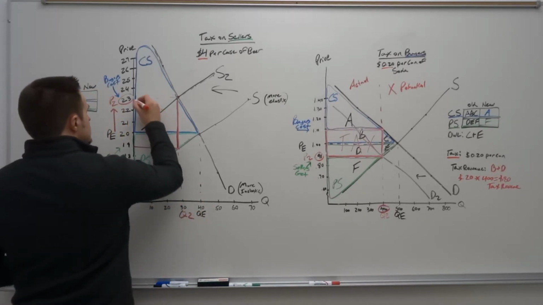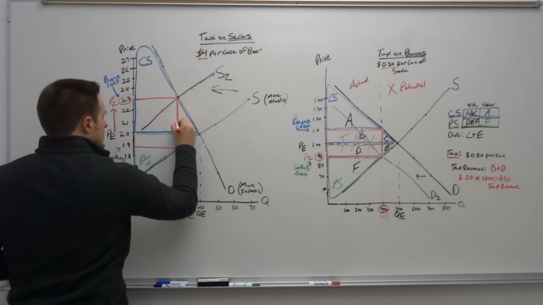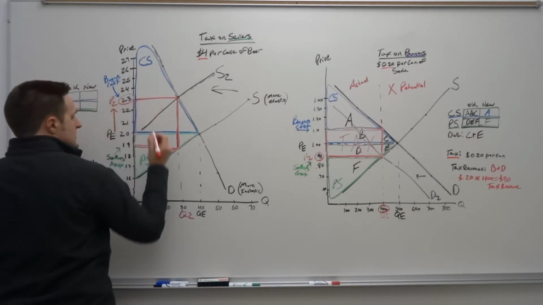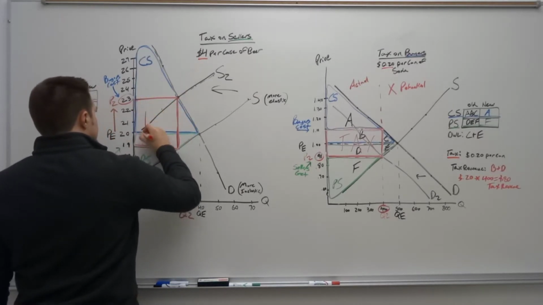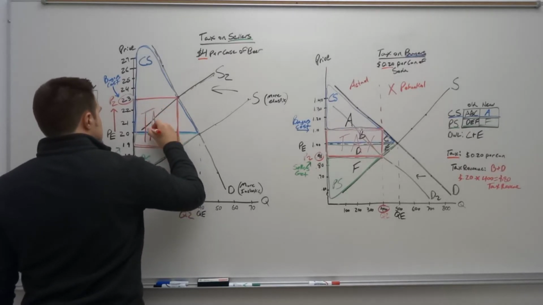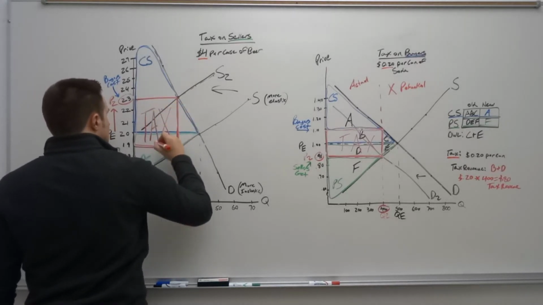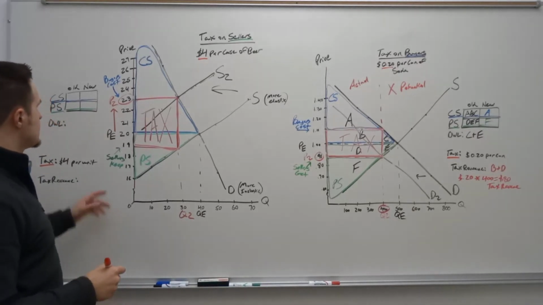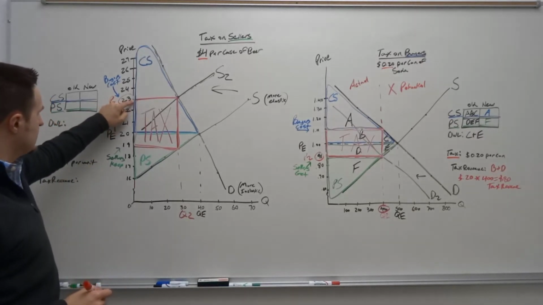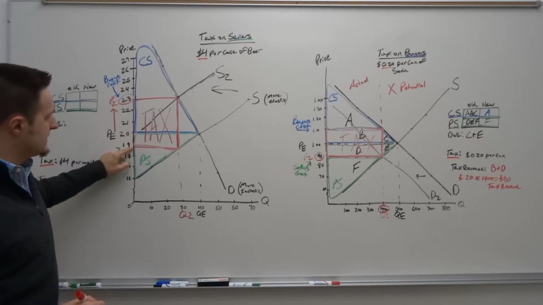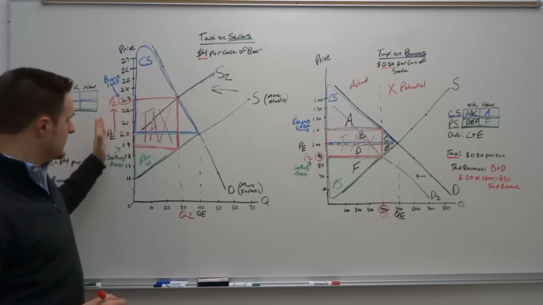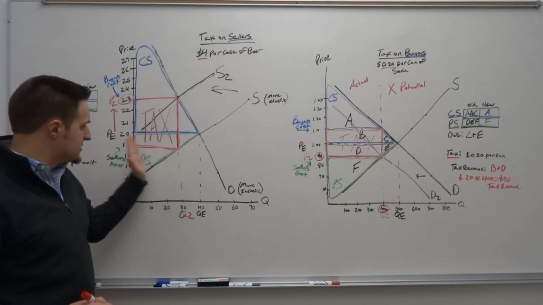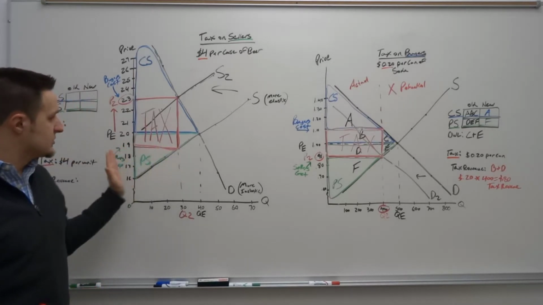Let's go ahead and finish in our tax box here. So this tax box is going to show us, this whole area is going to be the amount of tax revenue. So that tax revenue is going to be $23 to $19, so that's a $4 height, and it's going to be $30 in terms of its base or its width.